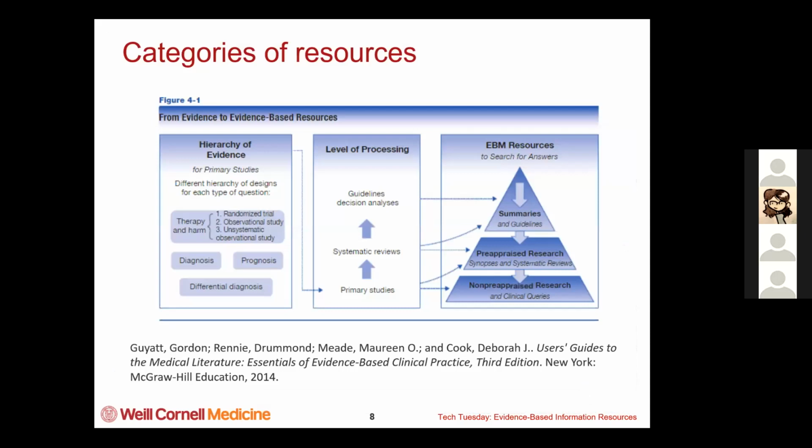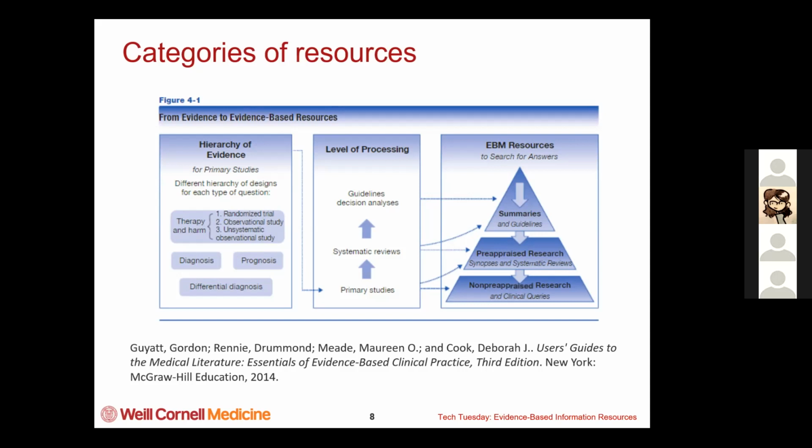And so you probably remember the evidence pyramid from when you were a student. At the top of the pyramid are summaries. What's an example of a resource that's a summary? Feel free to post that in the chat. What kind of resource is a summary? Okay, so an example of a summary would be UpToDate or Dynamite. Next, the next rung on the pyramid is pre-appraised research.